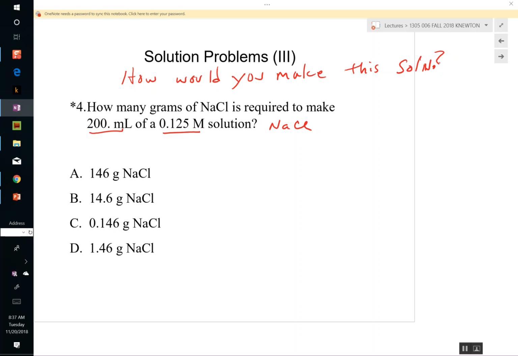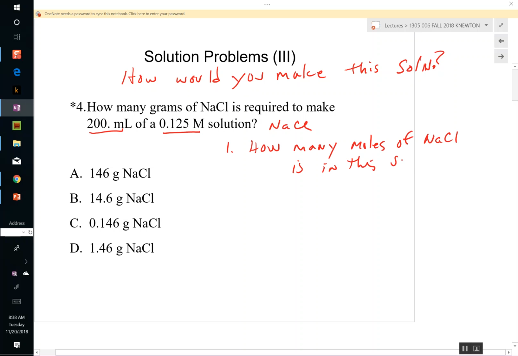So how would you make this solution? We need to answer 2 questions here. The first question is, how many moles of NaCl is in this solution?